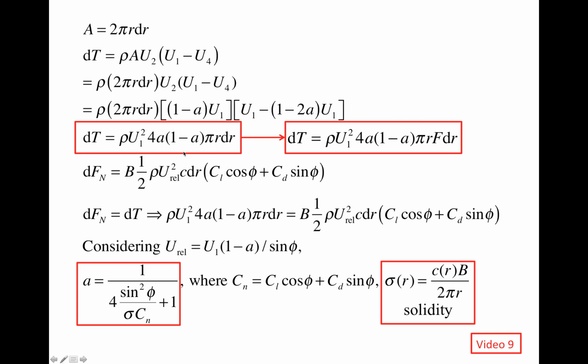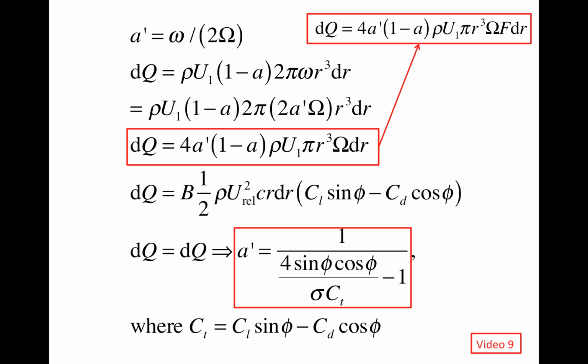That was the thrust force that we derived in video 9. And all we have to do is to multiply this thrust force with the factor called F. Later on, I will show you the expression for F. And everything else is similar.